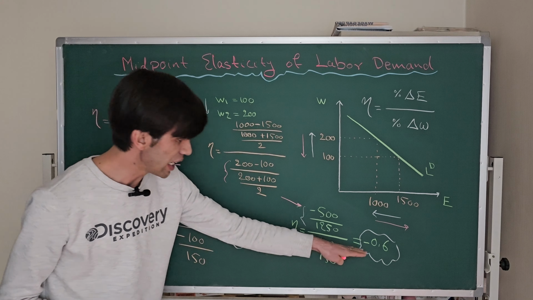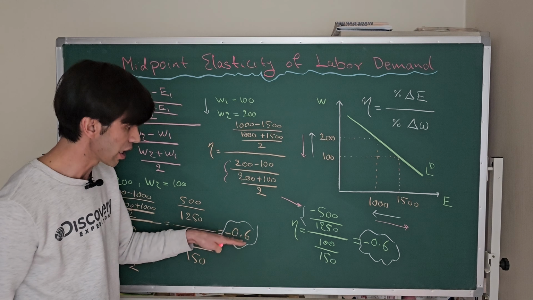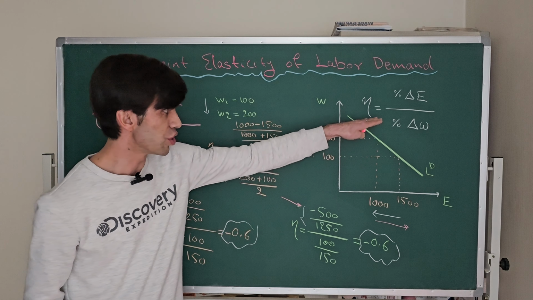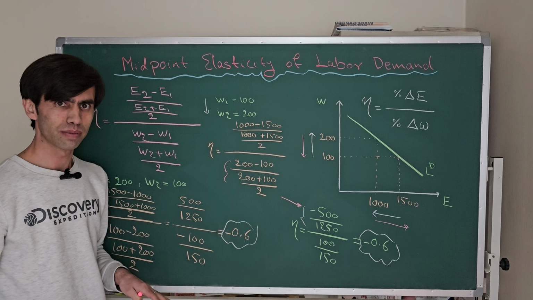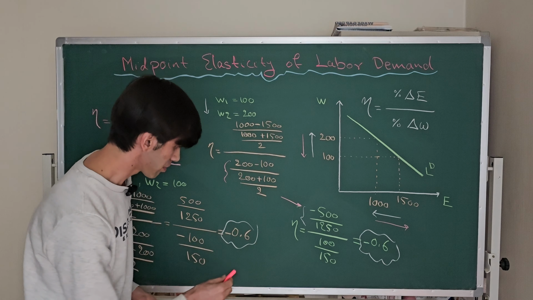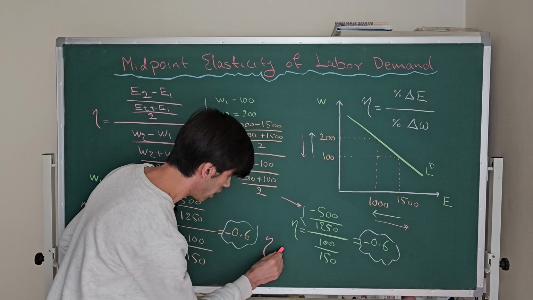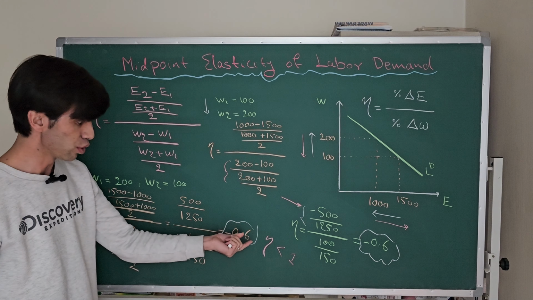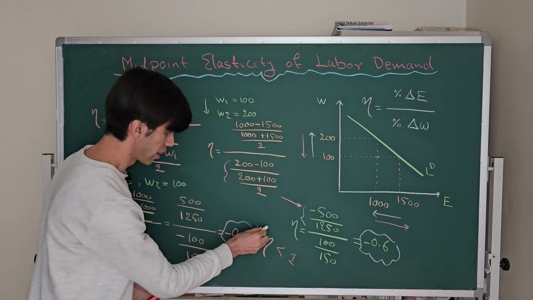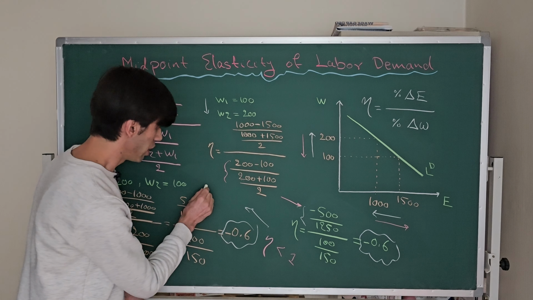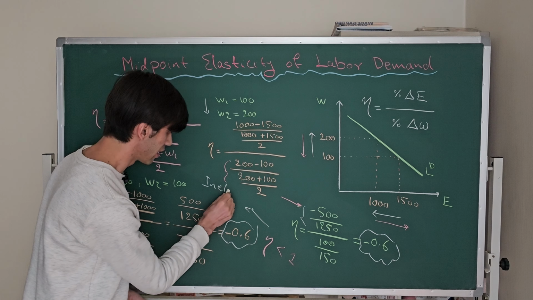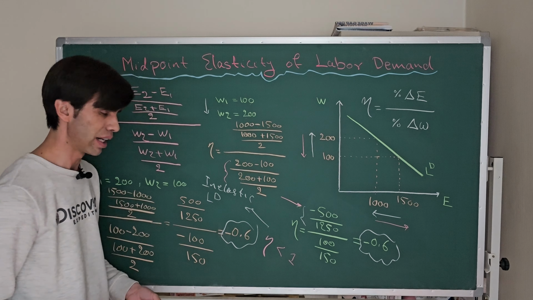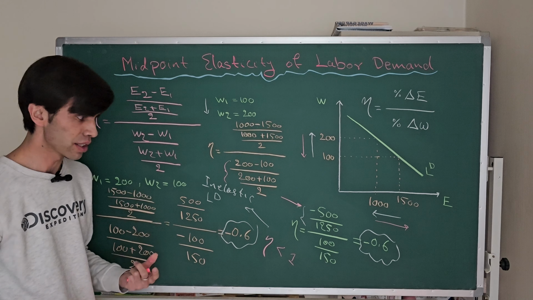In both cases, we have exactly the same identical value for the elasticity of labor demand. So the problem that we had with the general formula is solved. In both cases, our eta is less than 1, I mean the absolute value is less than 1. So in this case we have inelastic labor demand.